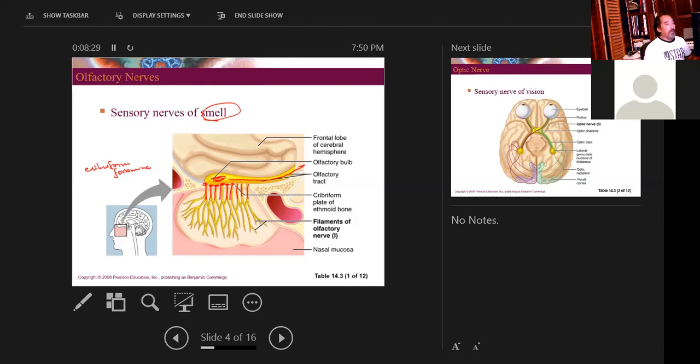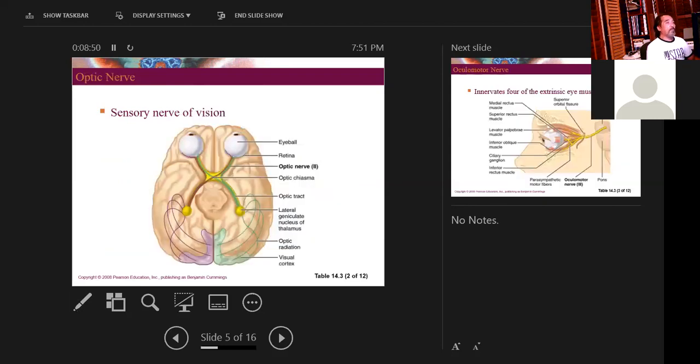This was the part when we studied the bone. So the cribriform plate of the ethmoid bone. I hope that gave you a recall on where that one is. Now, that's finished with cranial nerve 1, smell, cribriform foramina.